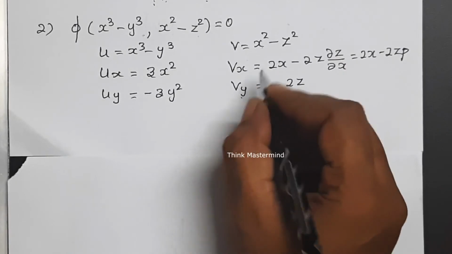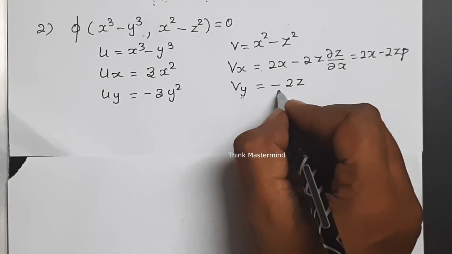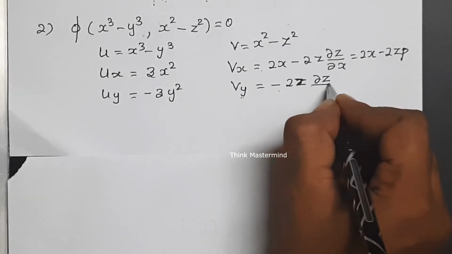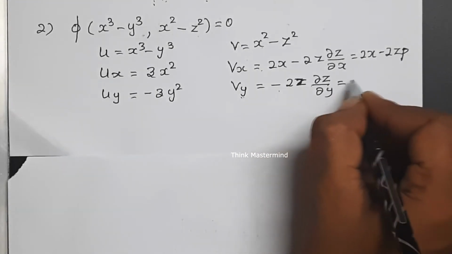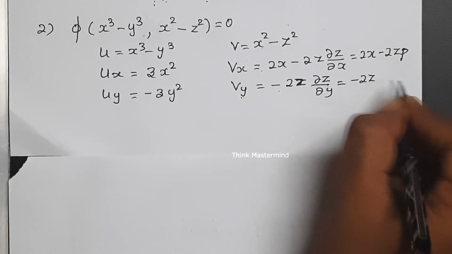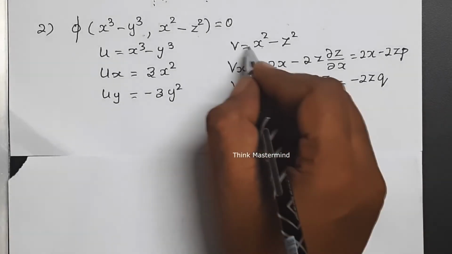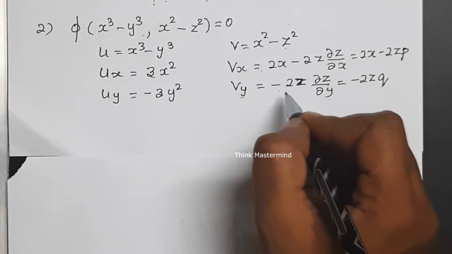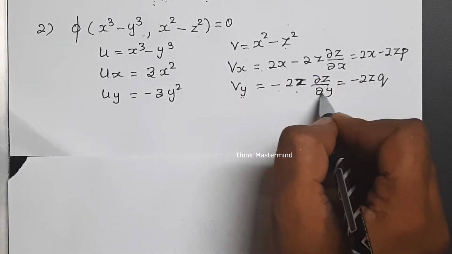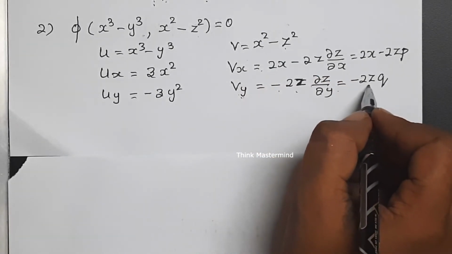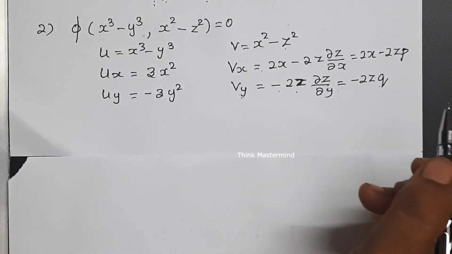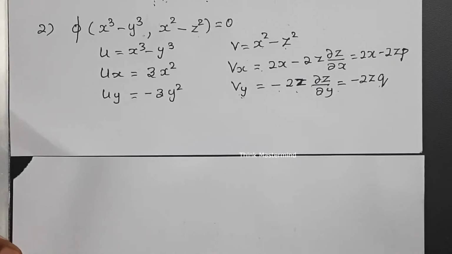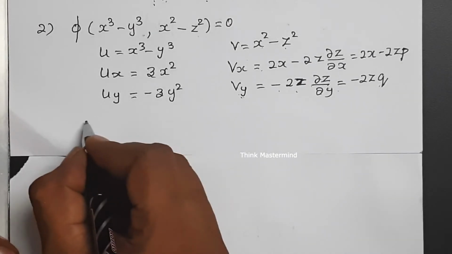Similarly differentiating with respect to y, that is minus 2z dou z by dou y, that is minus 2 times z into q. The x term, differentiated with respect to y, will be 0. Now we are going to find the partial differential equation by finding the determinant value.